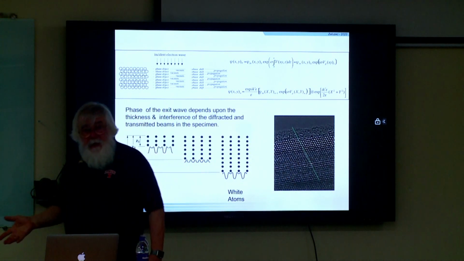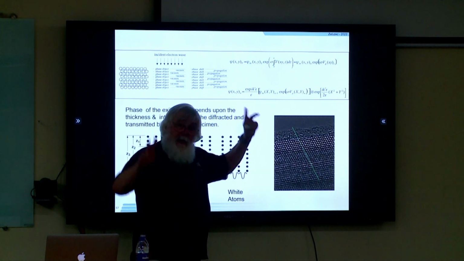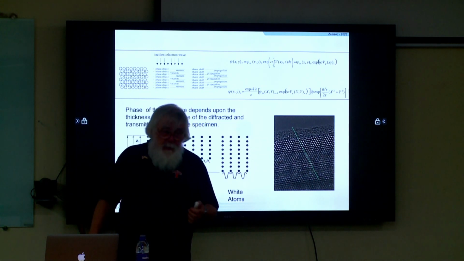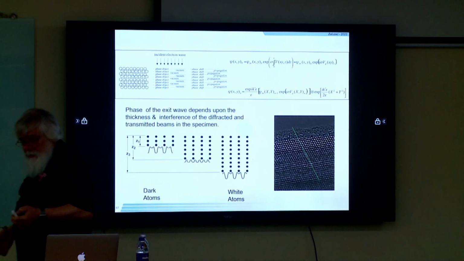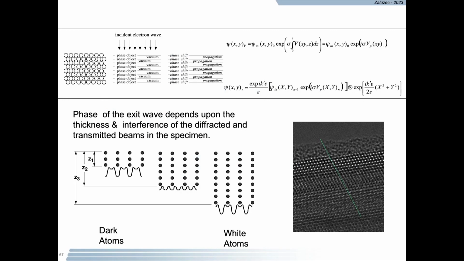As a function of thickness, as a function of focus, we can get white atoms or black atoms. That's always been the criticism. Whenever somebody would come up to me and ask me, well, show me an image of an atom, I said, well, what color do you want it? Do you want it white or dark? It depends on the focus. It depends on the thickness of the sample.